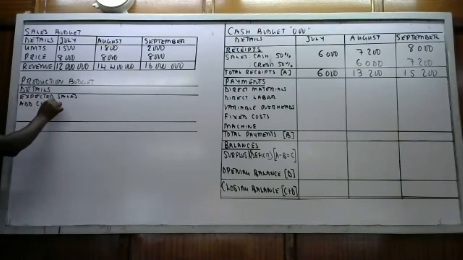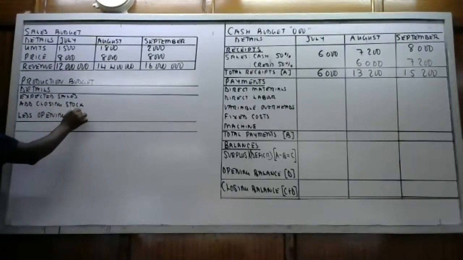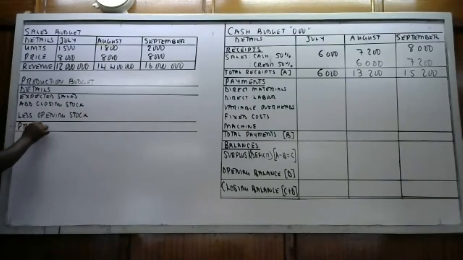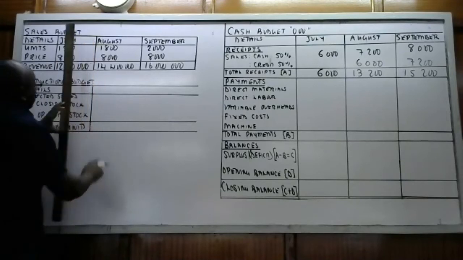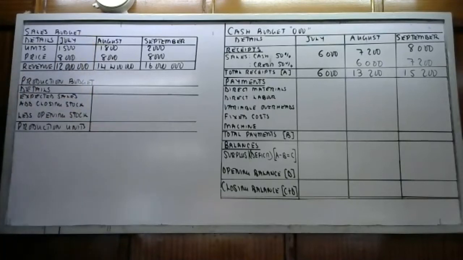Closing stock, you less the opening stock, and this will give you production units. That is the format of a production budget.